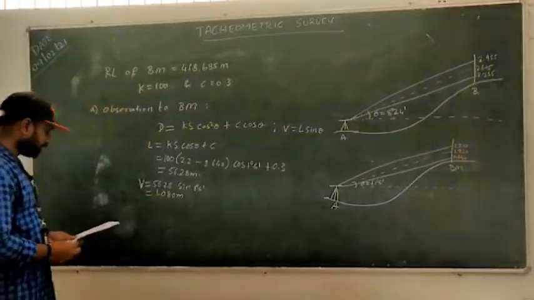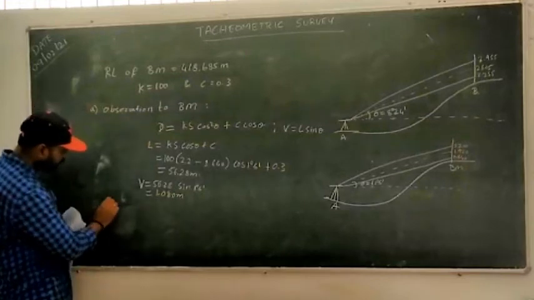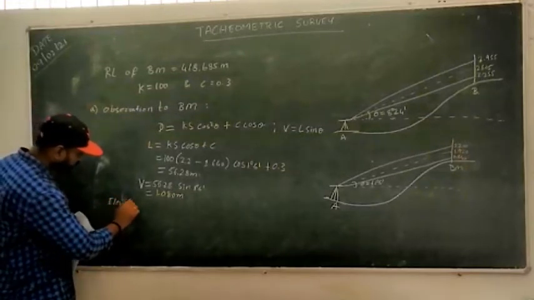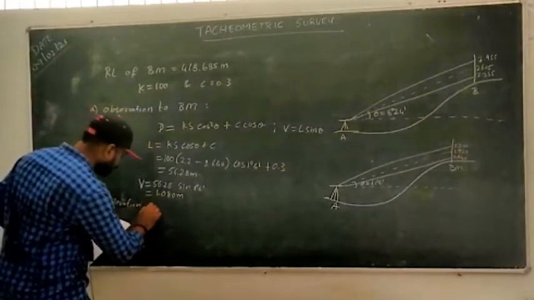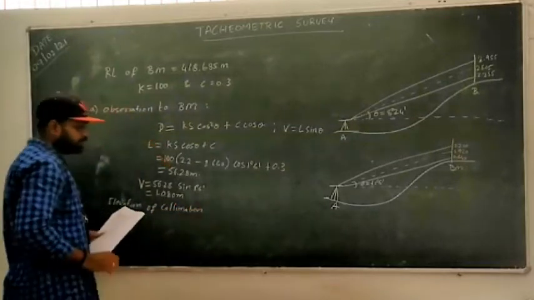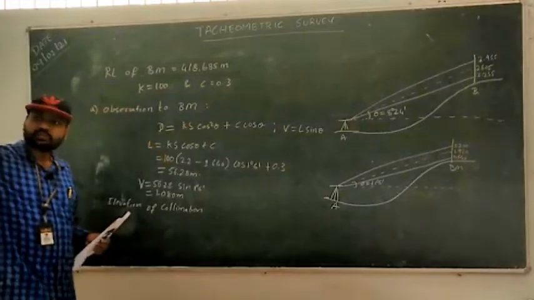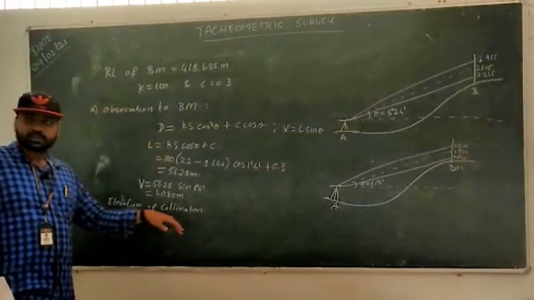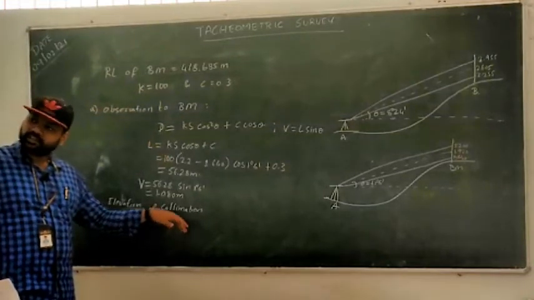So we got V. Now we are going to have the elevation of collimation, which means the elevation of line of sight. Don't get confused, collimation is also the line of sight.